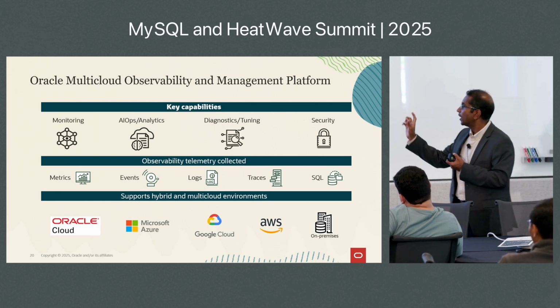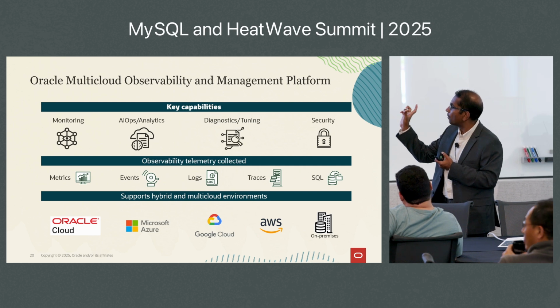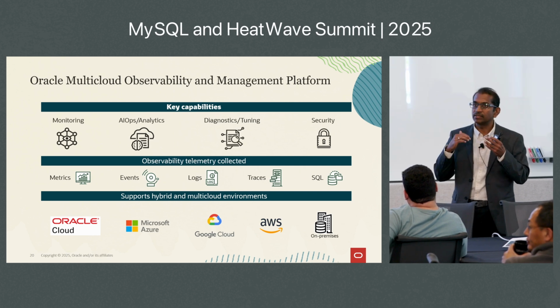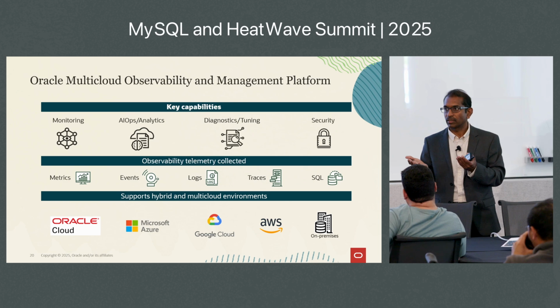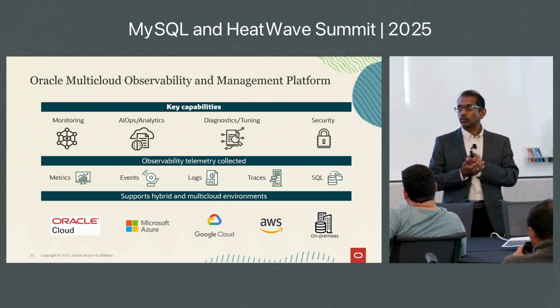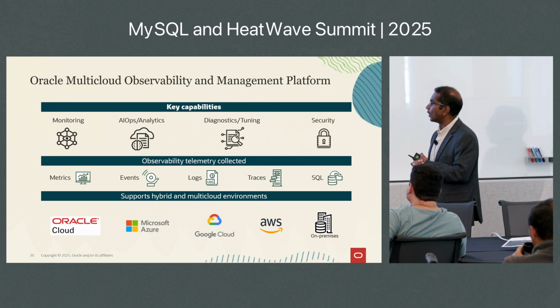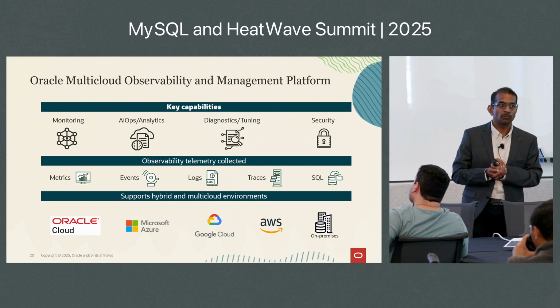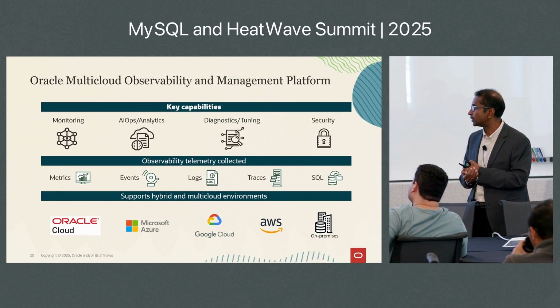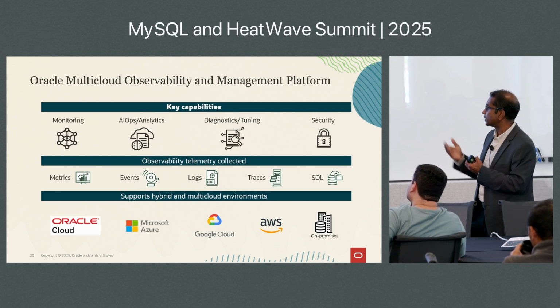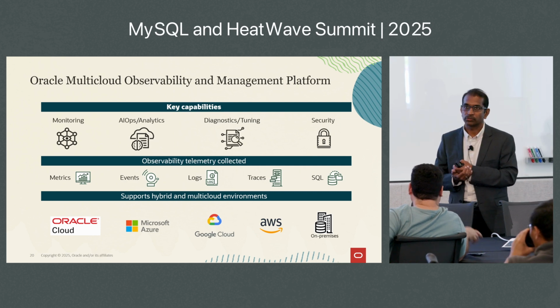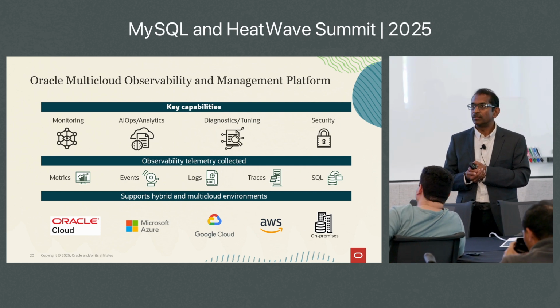In general, people talk about metrics, events, logs, and traces, and we've added SQL because it's an important metric as well. We are monitoring MySQL, so we need SQL added too. This platform supports deployments in Oracle Cloud, Azure, Google Cloud, AWS, or on-premises. So you can have this tool.